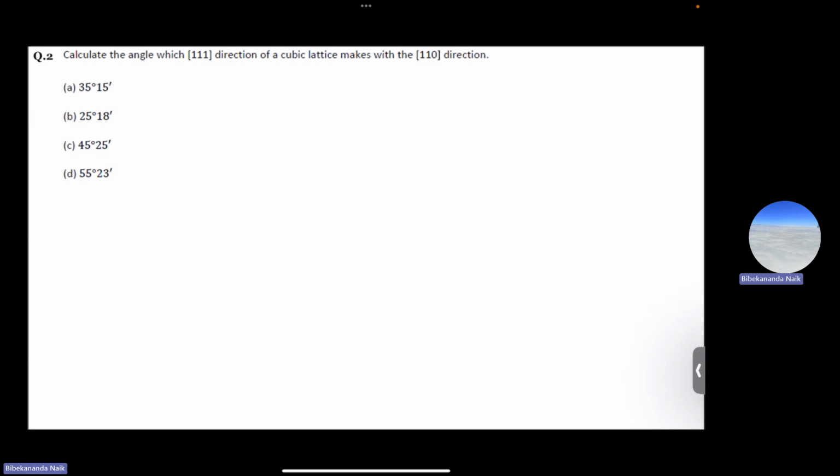The question says, calculate the angle which the 111 direction of a cubic lattice makes with the 110 direction. So there are two directions. One is h, k, l, which is 1 1 1. The other one is h prime, k prime, l prime, which is 1 1 0.